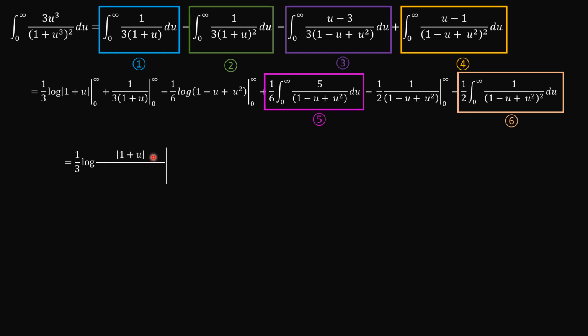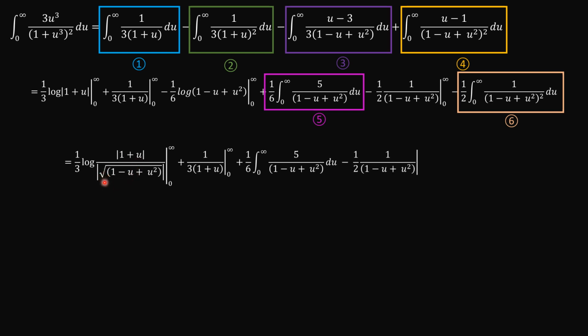So this further would, by combining the first and the third term, result into a third of log of the absolute value of 1 plus u over the square root of 1 minus u plus u squared.